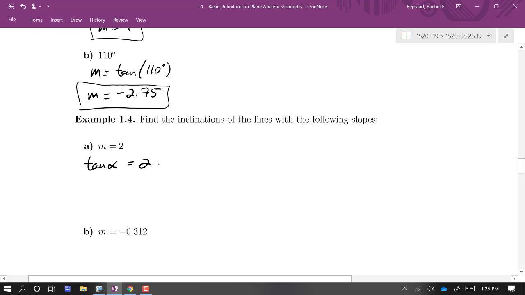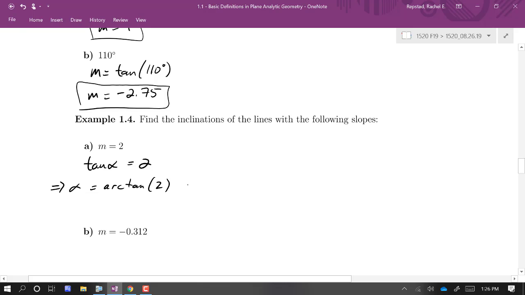What is the tool that we have that allows us to know what tangent of alpha is and be able to extract alpha from this? Not cotan. Arctan, or the inverse tan. Yep. So if tan alpha is equal to 2, that means that alpha is arctan of 2.